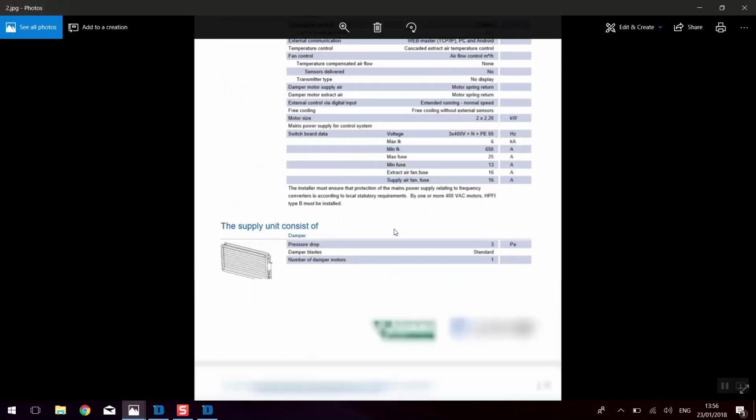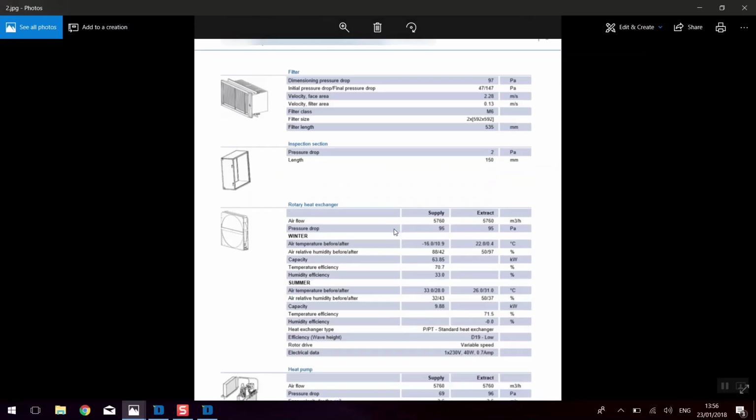We go straight to the rotary wheel, and here you can see that the temperature efficiency of this wheel in winter mode is 17.7, which is quite a good efficiency, but the humidity efficiency is only 33%, and in the summertime the humidity efficiency is written as 0%, which means that this rotary wheel is definitely not sorption type.